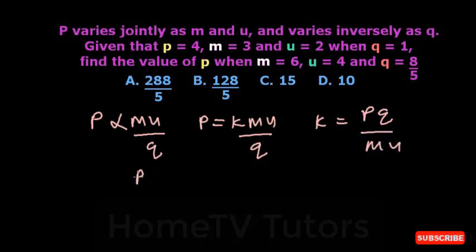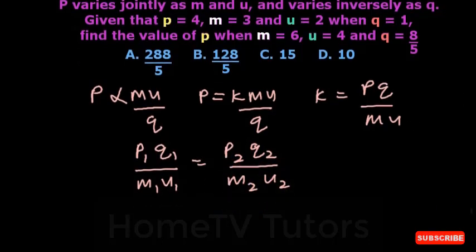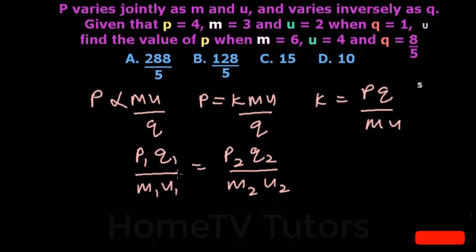Therefore, we can say P1 Q1 over M1 U1 equals P2 Q2 over M2 U2. Alright, we now substitute the given values for all this.